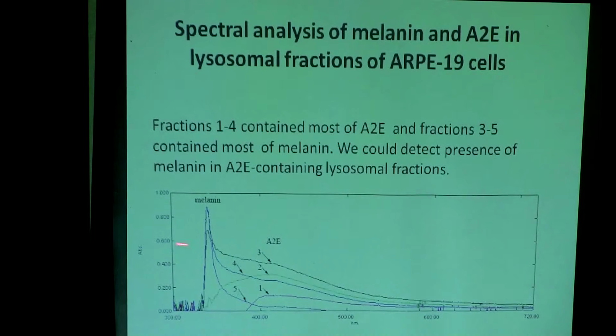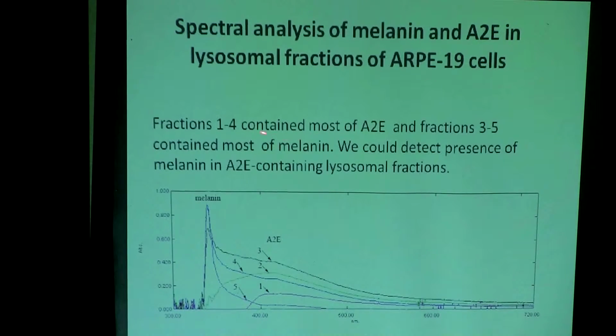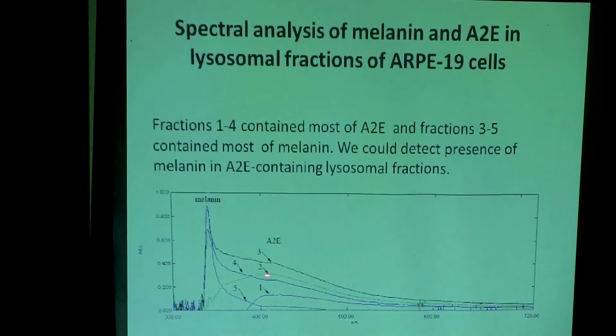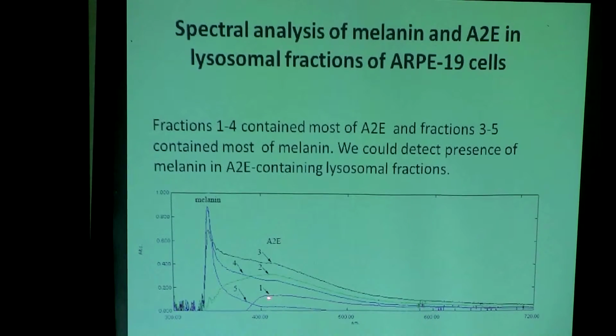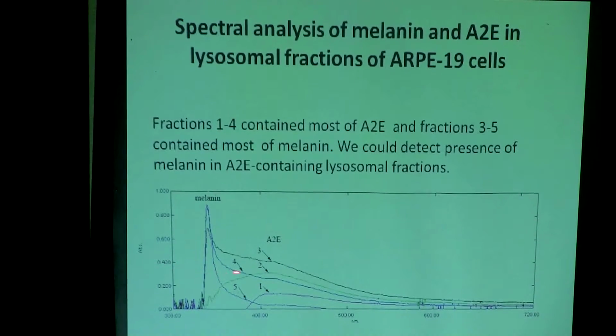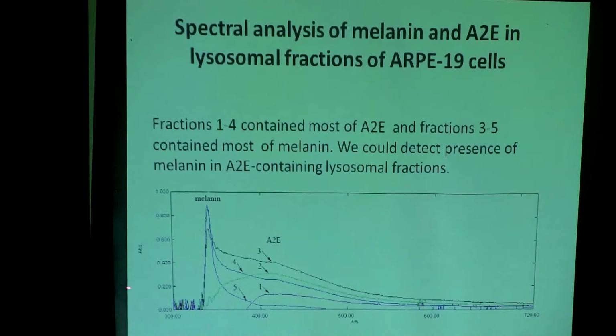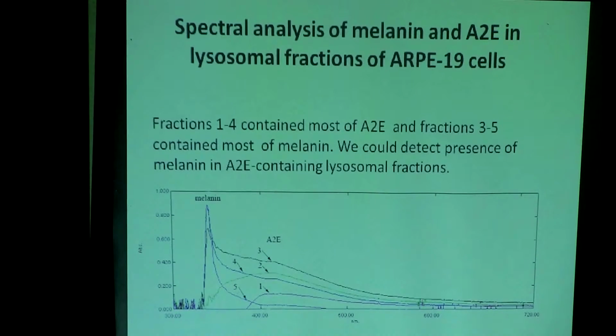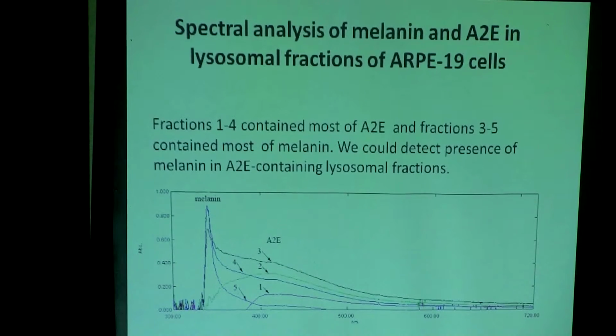Now, if you do spectral analysis of melanin and A2E in this lysosomal fraction, you can see that in the original fraction you see mostly A2E. In the later fraction you see more melanin, but in some fractions they go together. So you have melanin and A2E in the same lysosomal fraction.